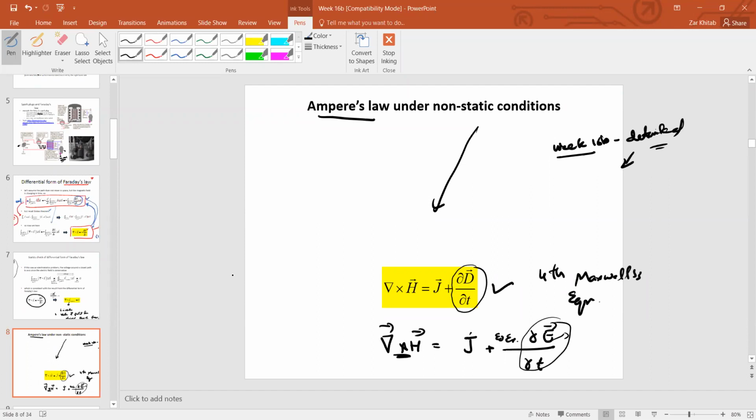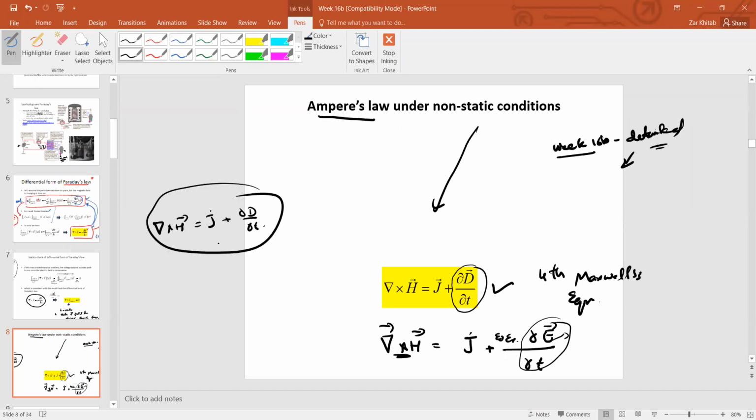So it's that simple. In the static case, curl of H was equal to J. That was the Ampere's law in the static case. In the time varying case, you have partial D by partial T.